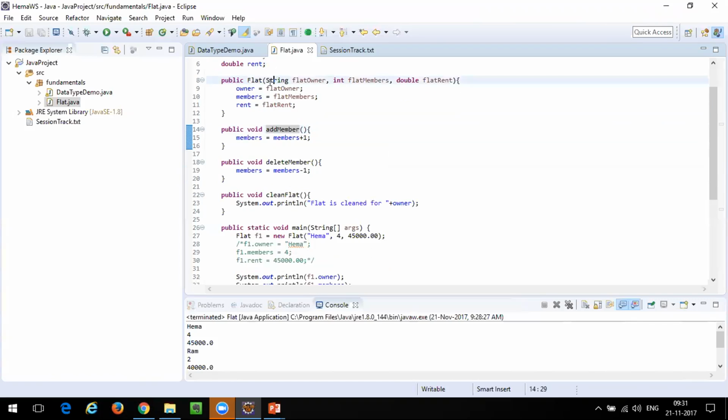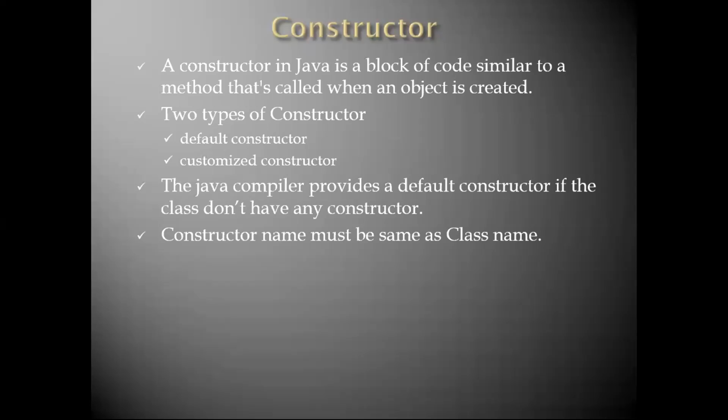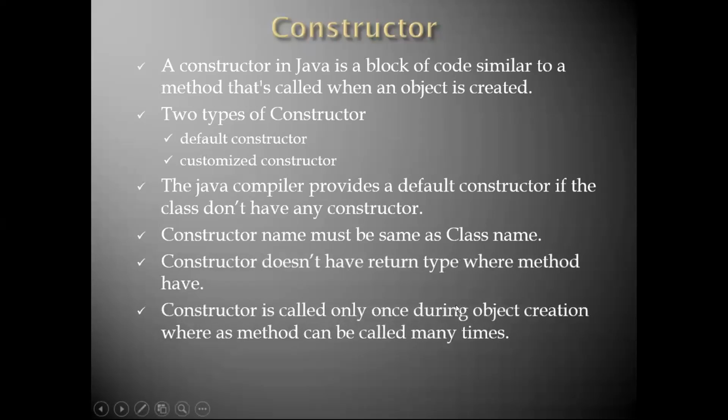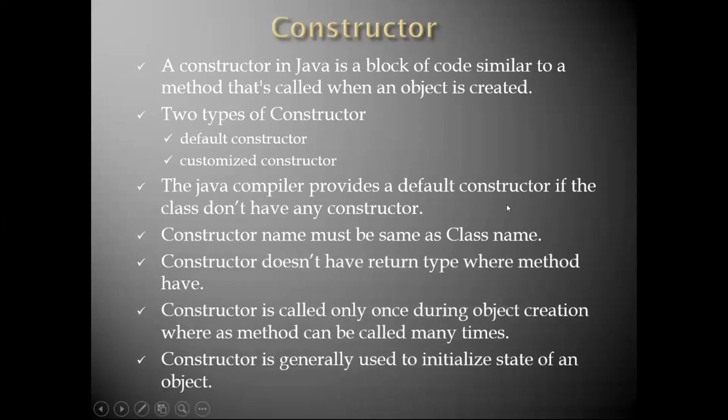But a constructor will be called only one time, when the object is created. It doesn't have a return type, what you told is correct. It's called once during object creation. A constructor is generally used to initialize the state of an object. State of an object means initializing the instance variables. Any question on this one? No, I'm good.